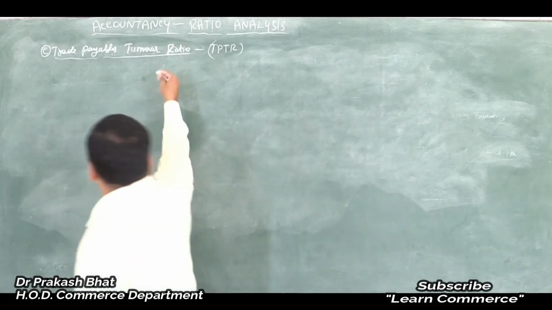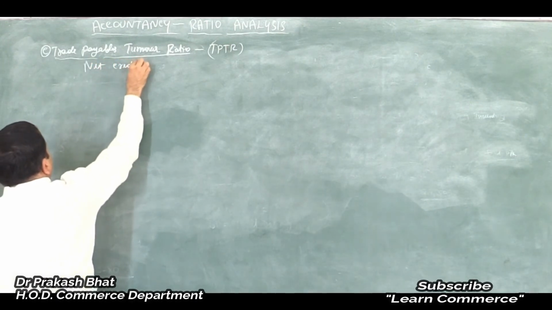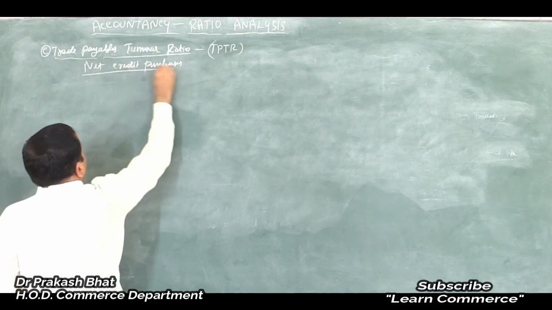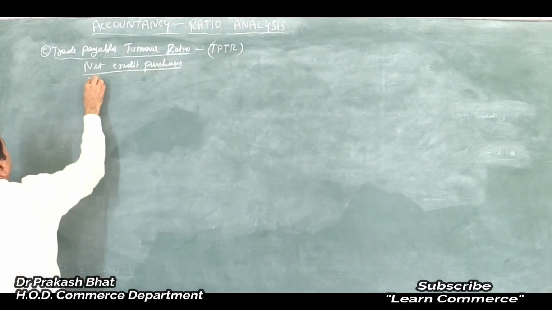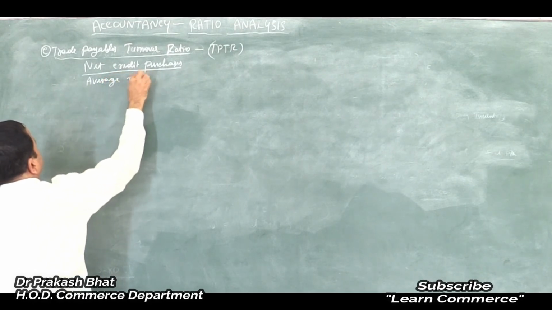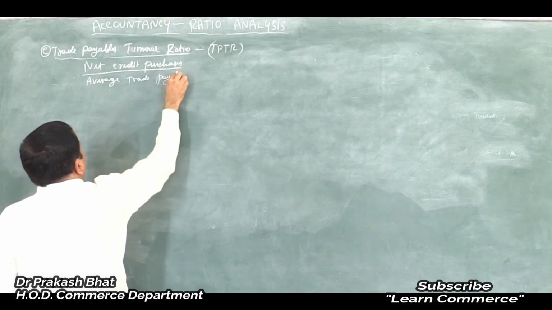Net credit purchases divided by average trade payables.